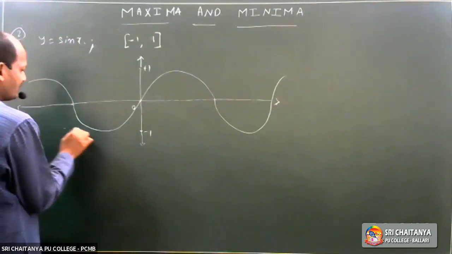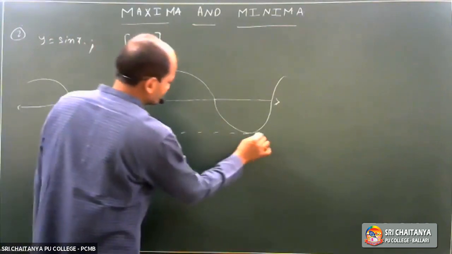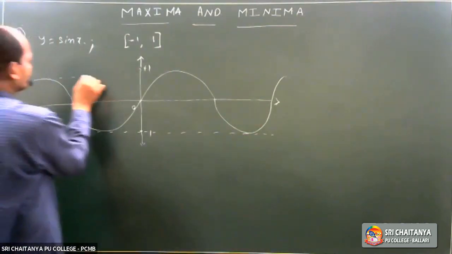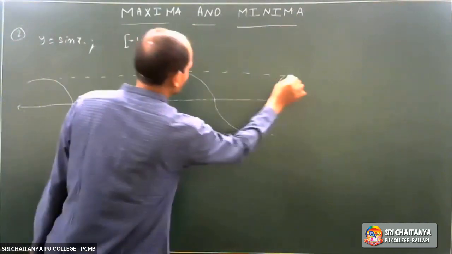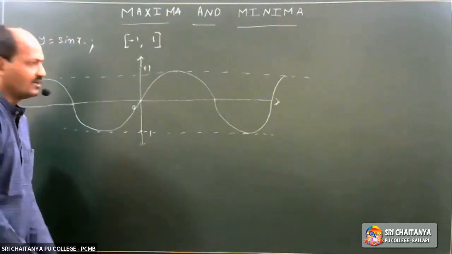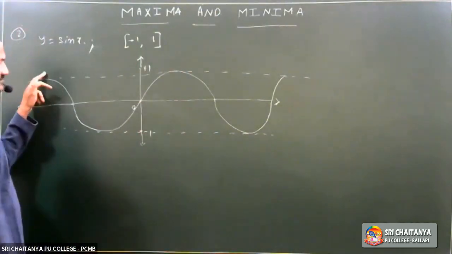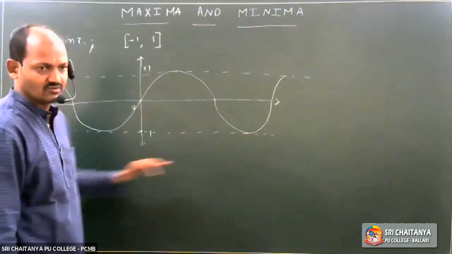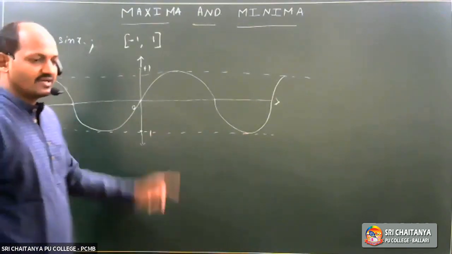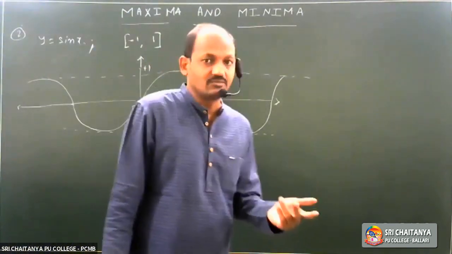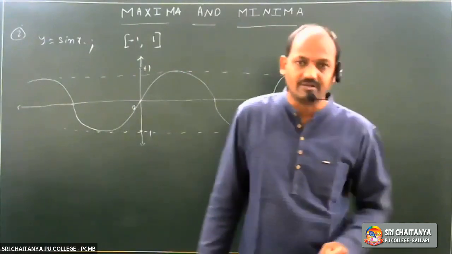The function's maximum is up to plus 1, minimum is up to minus 1 only. So the previous diagram had minimum, maximum, and absolute maximum, absolute minimum.